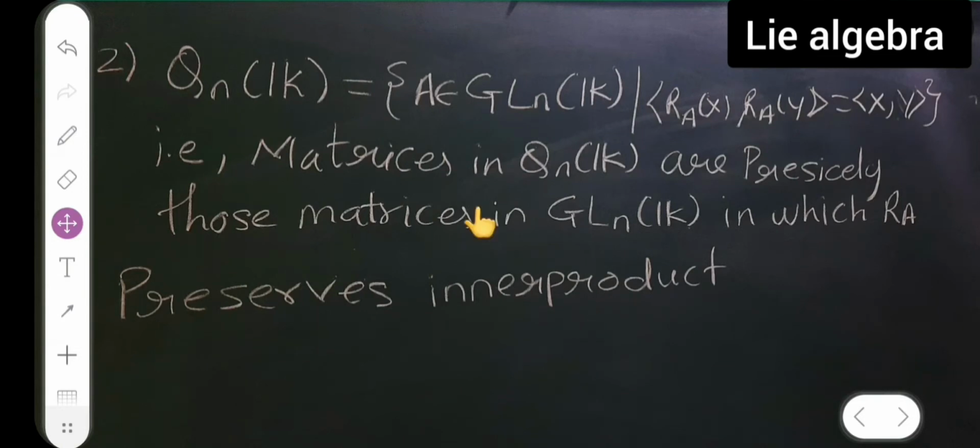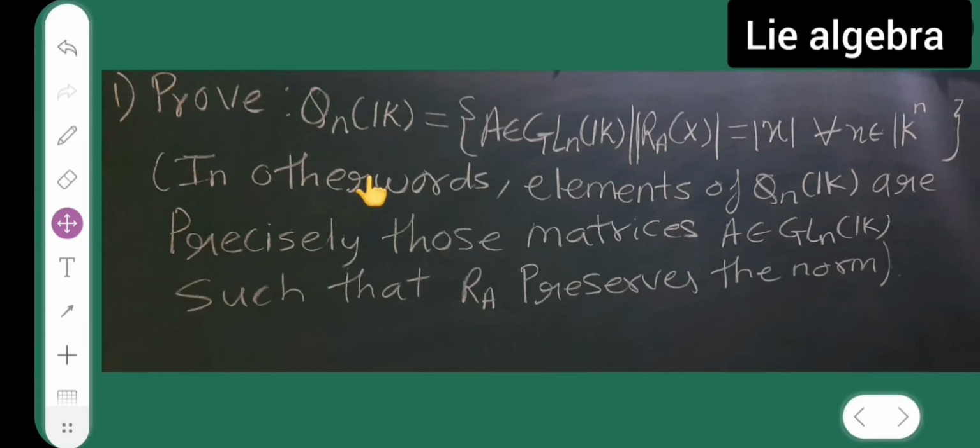Next is the proof. Q_n(K) is the set of A belonging to J_n(K), where the norm of R_A(x) is equal to the norm of x for all x belonging to K^n.